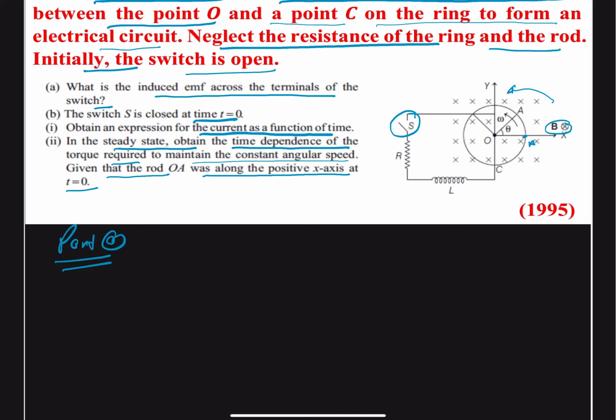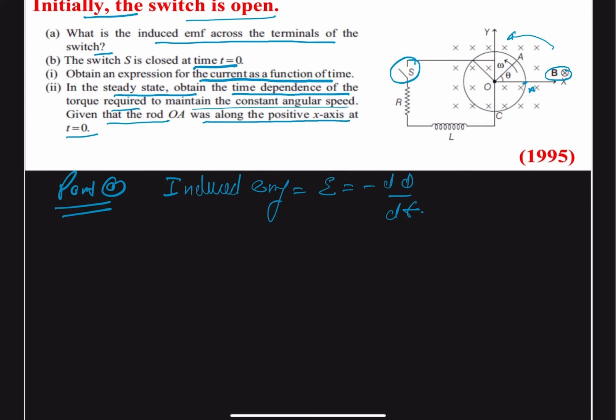We know the induced EMF E is equal to minus d phi upon dt, where phi is the magnetic flux. We can also say that the magnetic flux phi is equal to magnetic field multiplied by area.